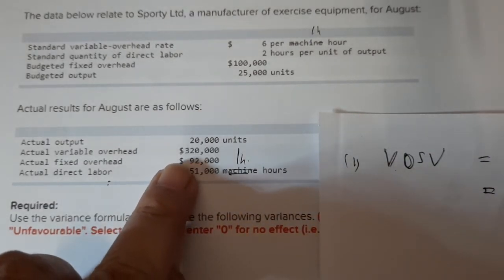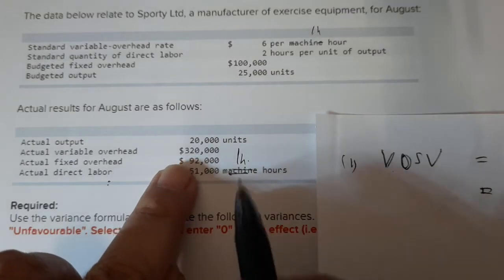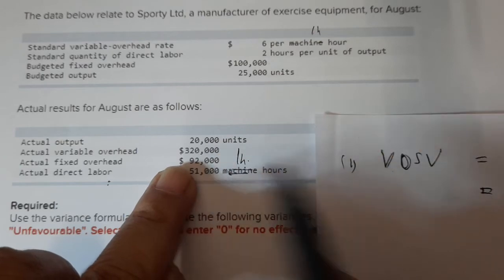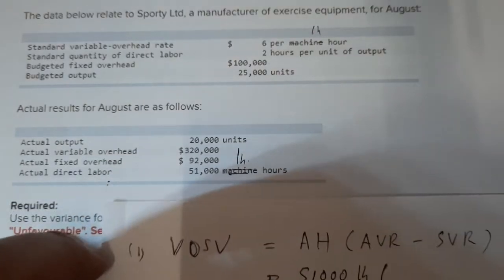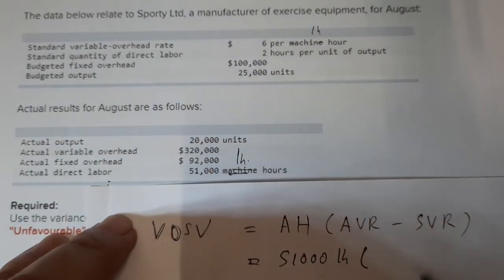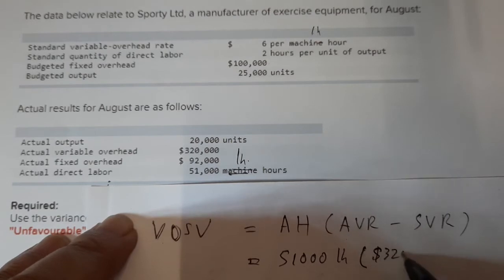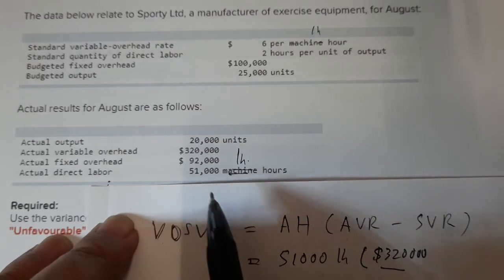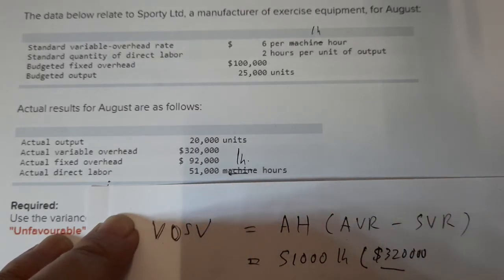To calculate the actual overhead rate, you have to use the actual data. So the calculation is the actual variable overhead cost, 320,000, divided by the actual labor hours, 51,000 hours.